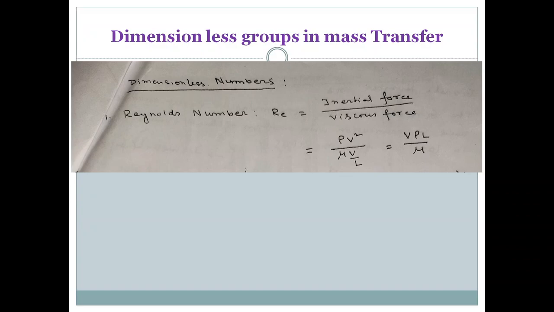Then from 2100 to 4000 it is the transition region, where some places will be turbulent, some laminar, and some a mix. And if the Reynolds number is beyond 4000, then it will be turbulent.